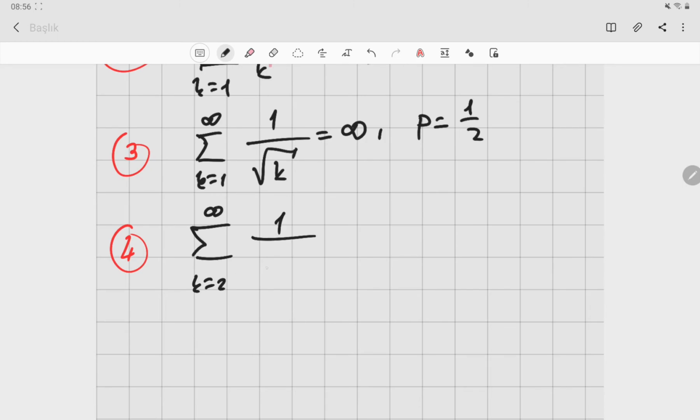And another example. One over square root of k squared minus 3. So let's observe the convergence of the series.